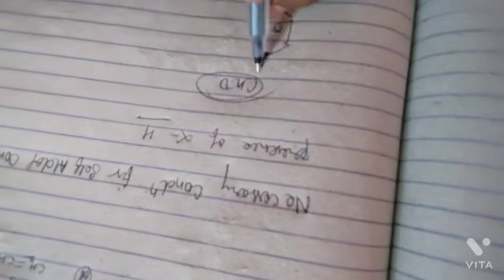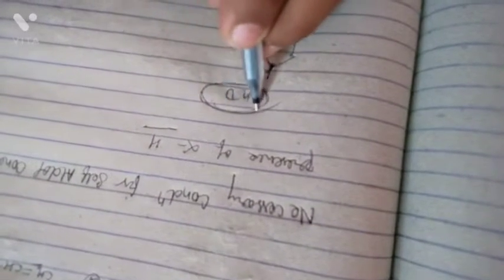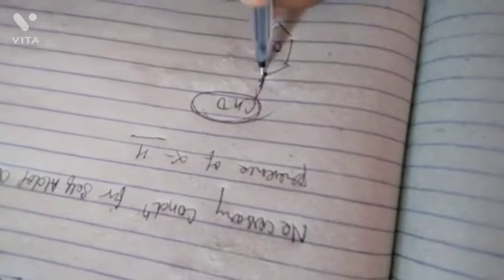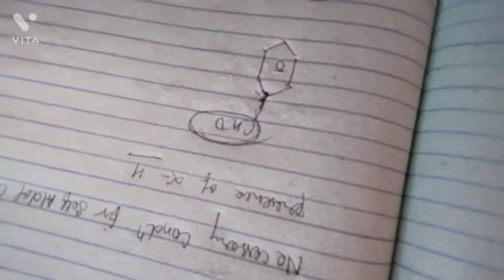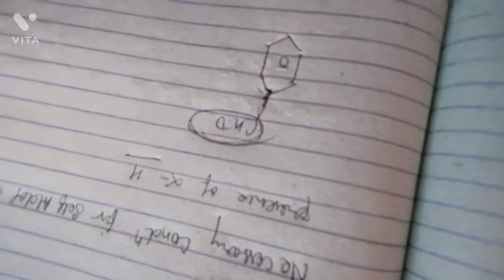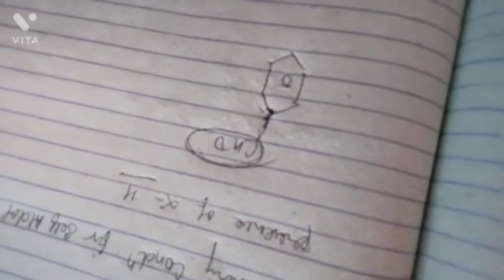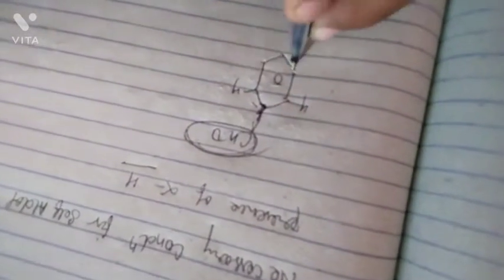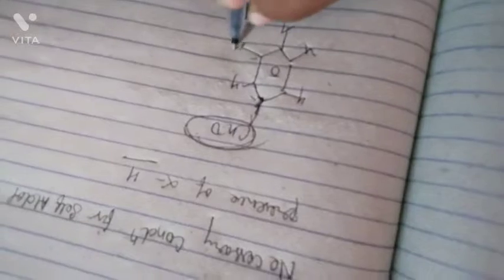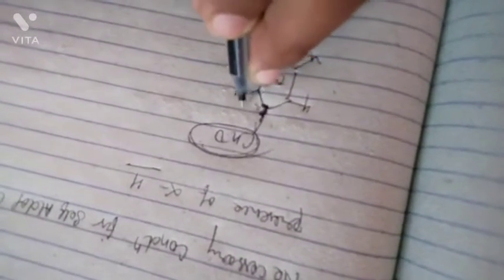This is the functional group, and the carbon attached next to the functional group, if it has any hydrogen, that hydrogen is known as alpha hydrogen. Here hydrogen is present at all positions of the phenyl ring, but the carbon attached to the functional group has no hydrogen, so there is no alpha hydrogen, and this option will be wrong.